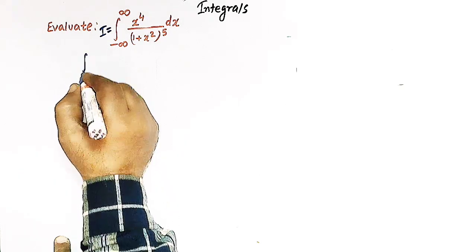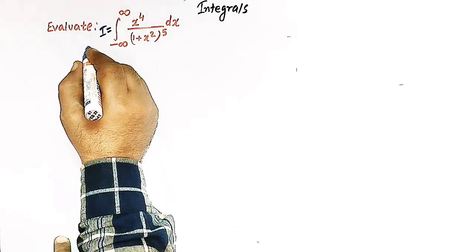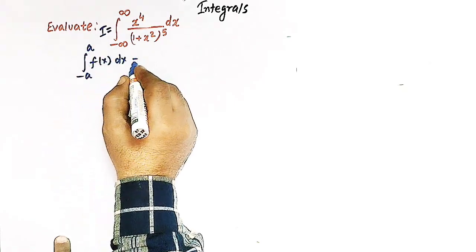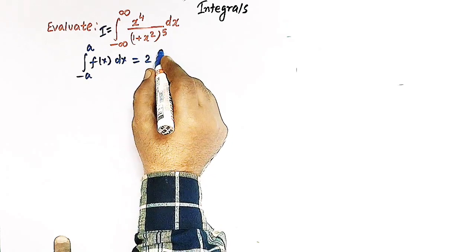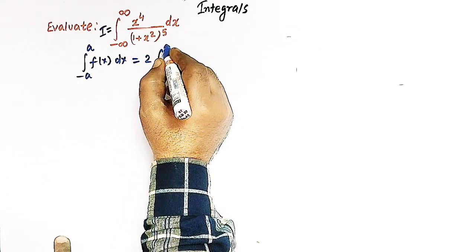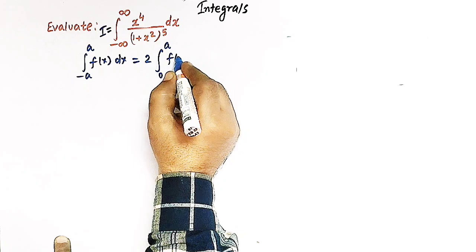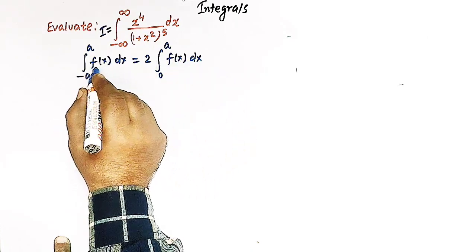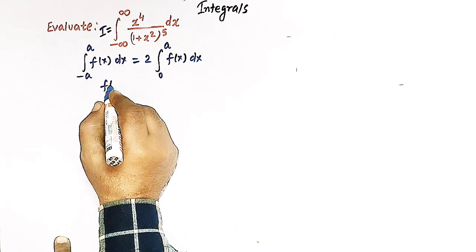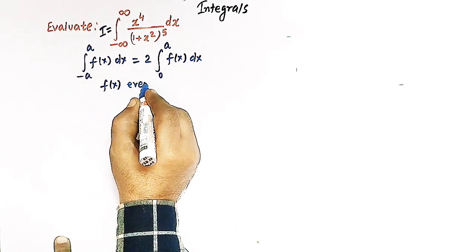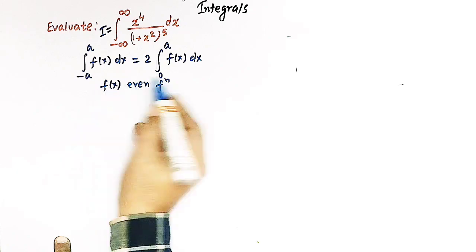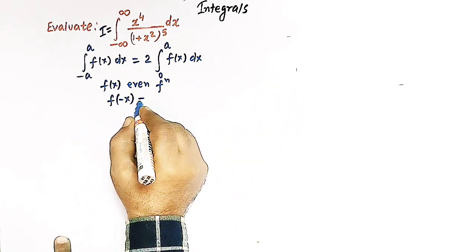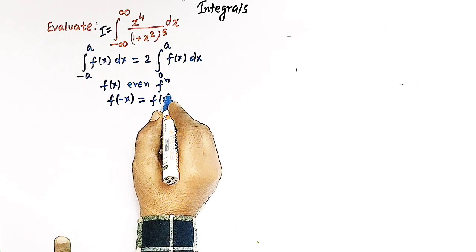Suppose we have the integral from minus a to a of f of x dx, then this integral is equal to 2 times the integral from 0 to a of f of x dx, provided this integrand, f of x, is an even function. By definition of an even function, we know that f of minus x should be equal to f of x.